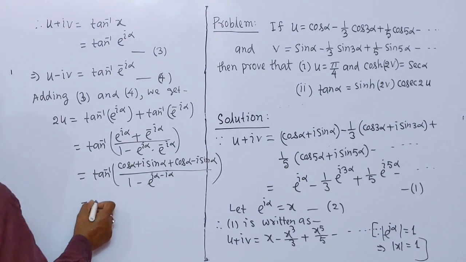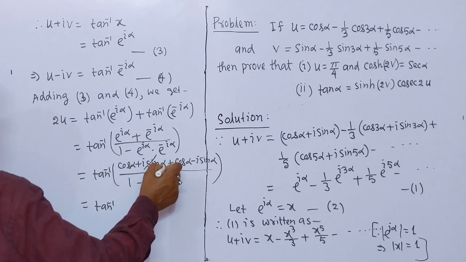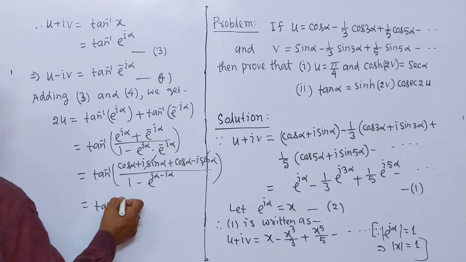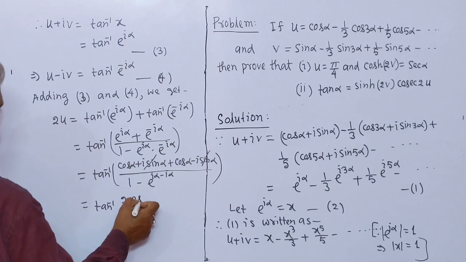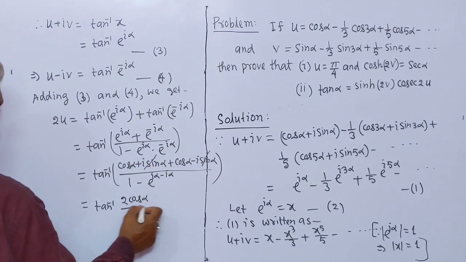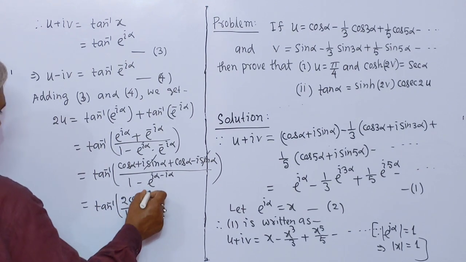This is equal to tan inverse. The plus i sin alpha and minus i sin alpha cancel. 2 cos alpha, cos alpha plus cos alpha. Here 1 minus e to the power 0.